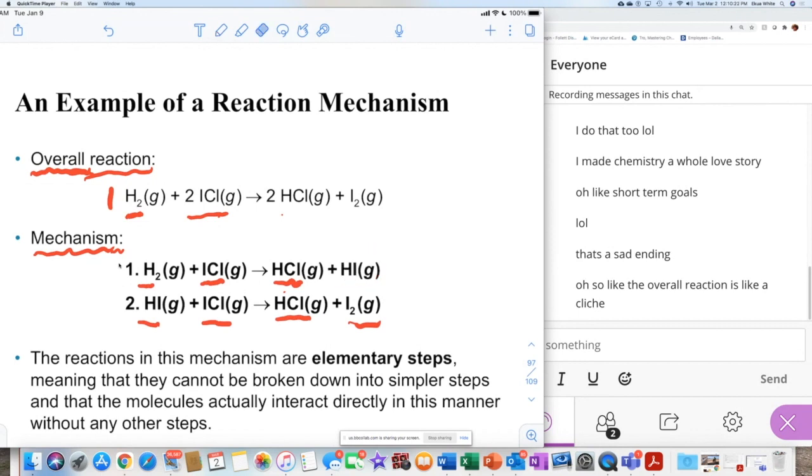So what we don't see in the overall reaction is this part. We don't see HI at all in the overall reaction. Yet HI is a very important part in the second step. Without HI being formed, the second step will not happen because HI is an important reactant in the second step.